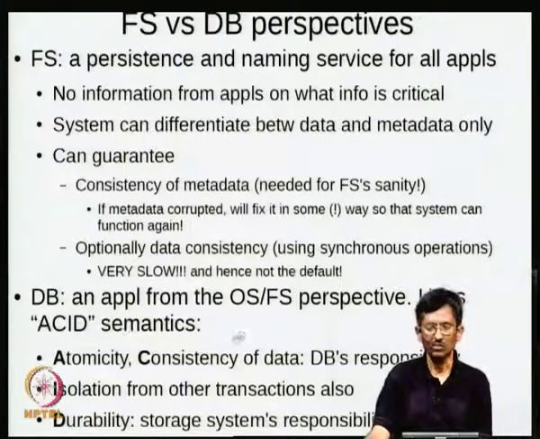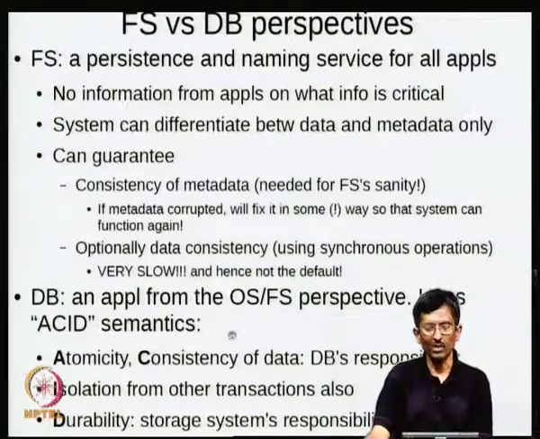This is the ACID semantics. That is the reason why databases cannot scale the way a file system can scale. The number of transactions a database can do is typically at least one or two orders of magnitude slower than the kind of operations that a file system can do.